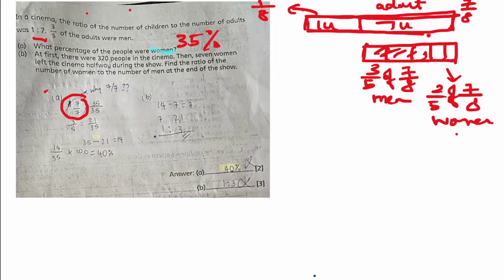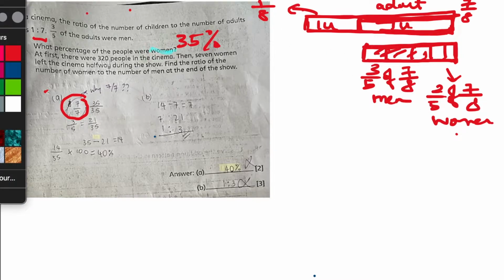Correct or not? And you know that this thing here should be equal to this thing here because it should be the same. So here is 5 unit and here total is 7/8, right? And then here is 5 units.